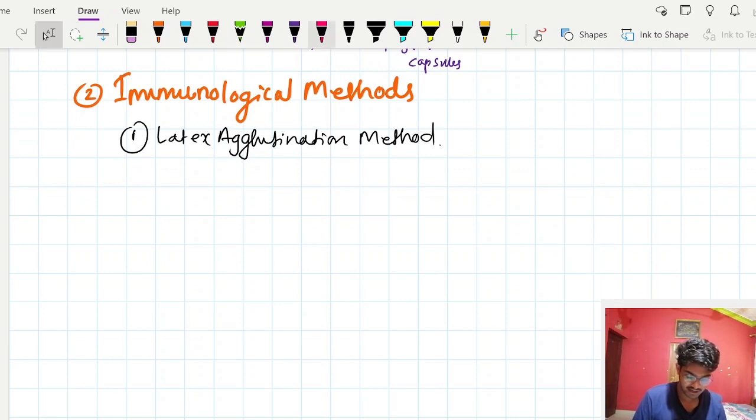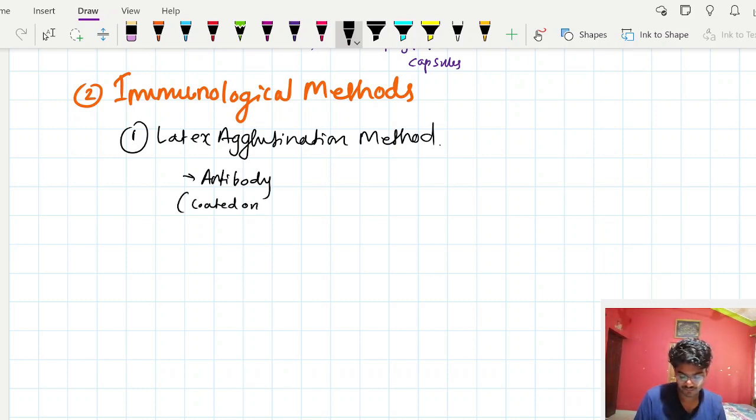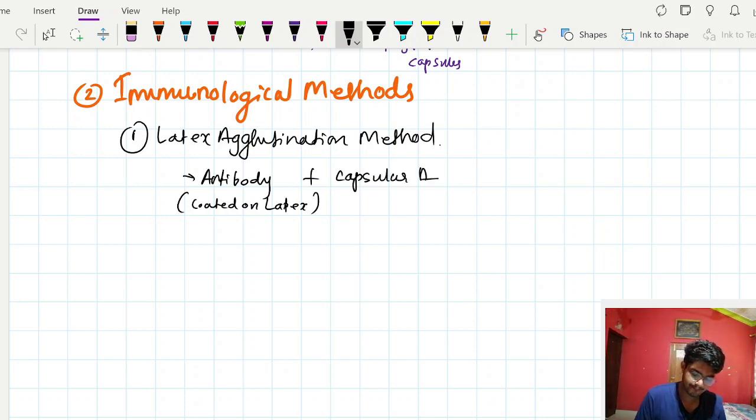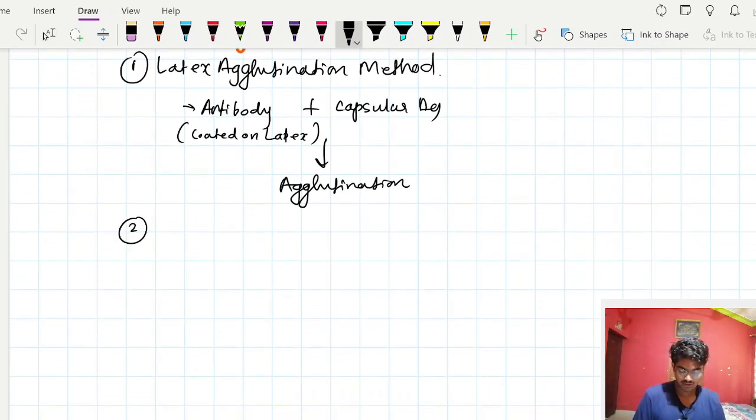Nothing but our antibody coated on latex plus our capsular antigen, when added, there will be agglutination. That is the latex agglutination method. And the next immunological method is our quellung.